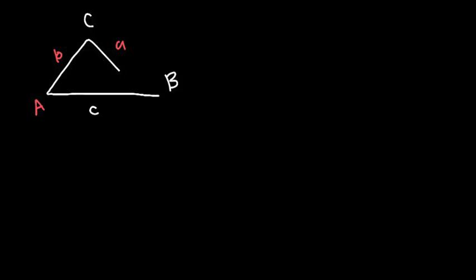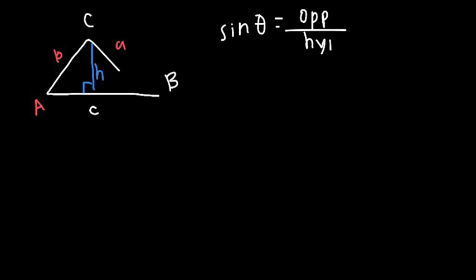We could also draw in the height of the triangle, H. This will give you a right triangle on the left, so that side little b is the hypotenuse, H becomes a side, and A is one angle. As you know from trigonometry, the sine of a given angle theta equals the opposite side over the hypotenuse in a right triangle.